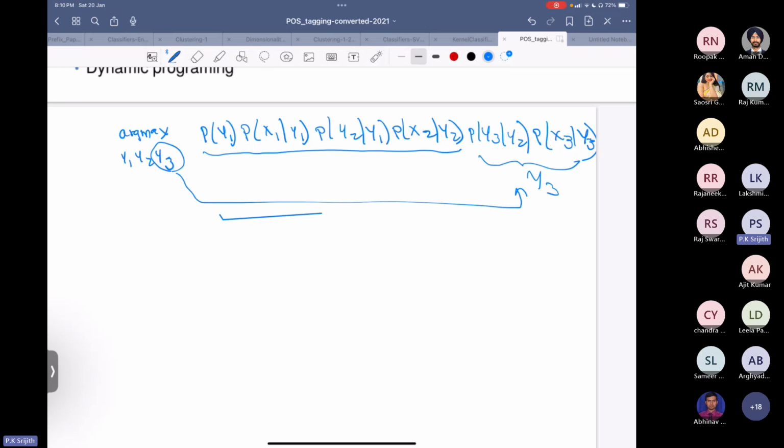So y2 will come into the picture only from this component onwards, right?